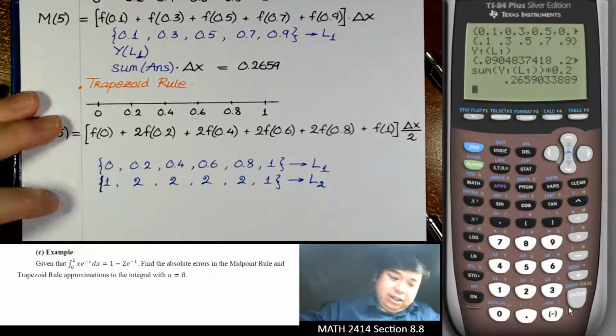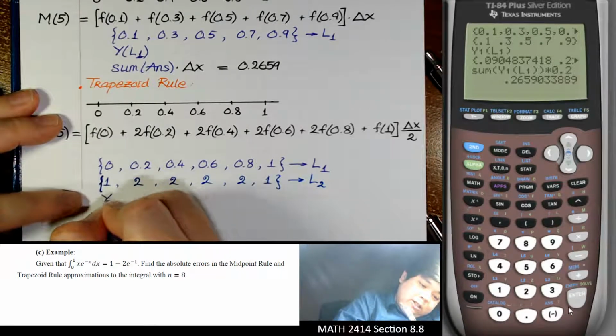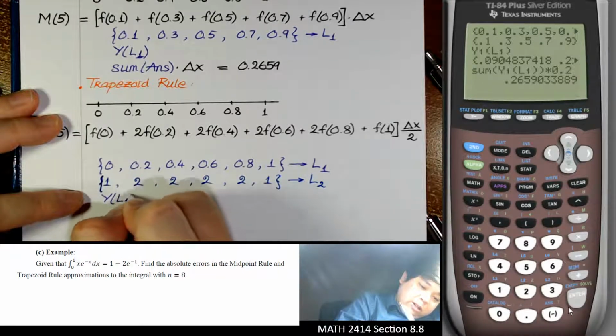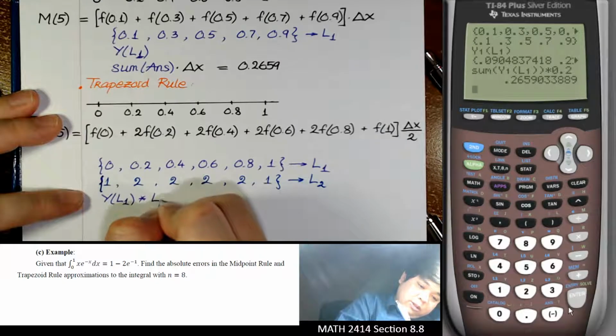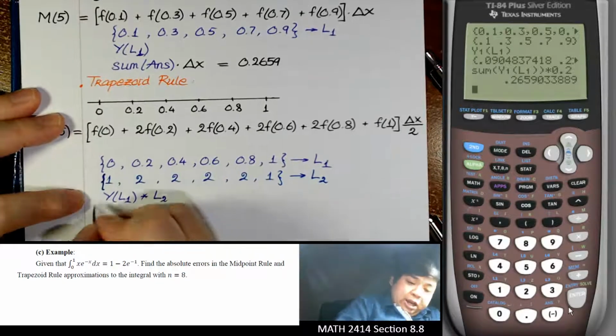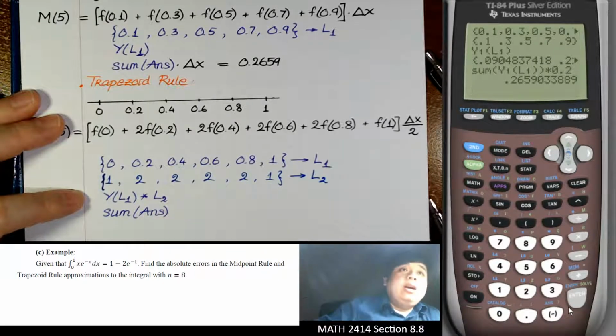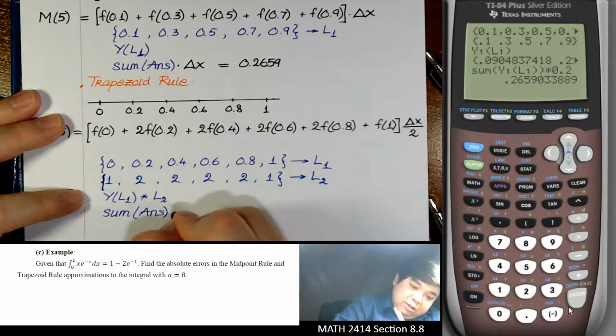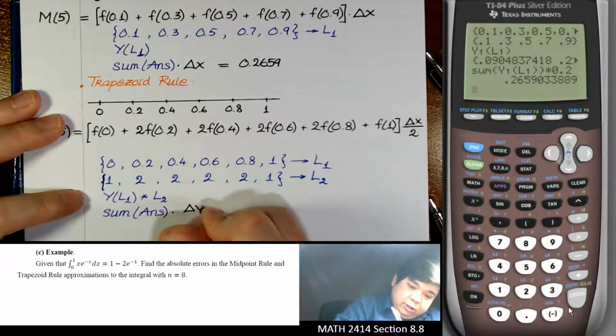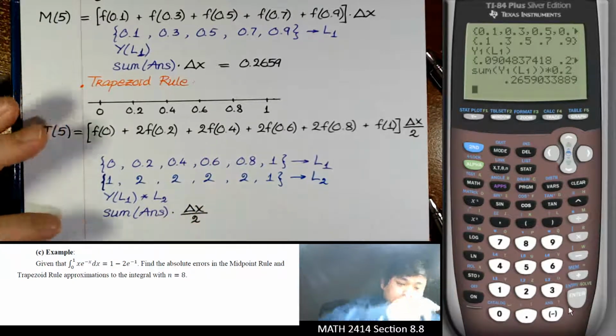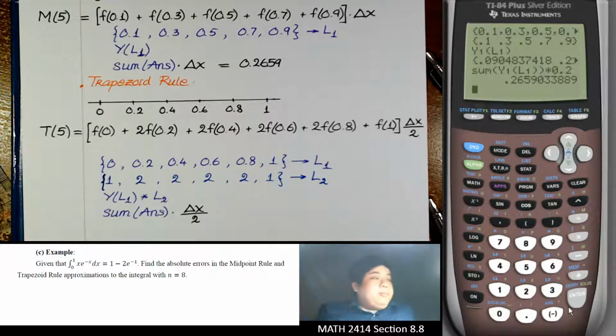Then evaluate the function at list 1 times list 2, and then do the summation. At the end, multiply by delta x divided by 2. Right, so it's simple enough.